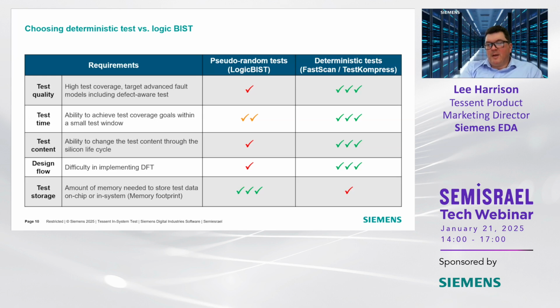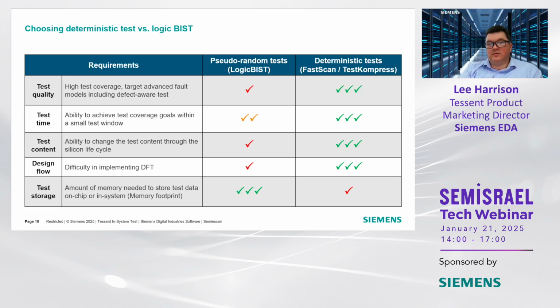So being able to use exactly the same manufacturing infrastructure reduces the overall effort required for the implementation. But all this doesn't come for free. The only challenge we have with the in-system deterministic test is we need to provide the actual test pattern data.